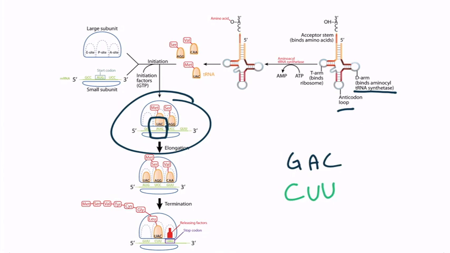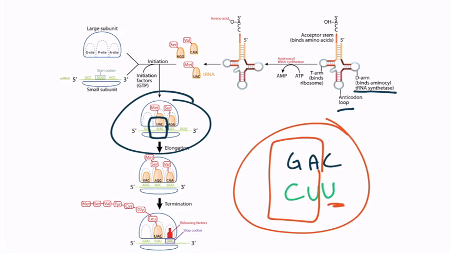In other words, the first two bases of the anticodon pair perfectly with the mRNA, which you can see right here, but the last base, uracil, does not pair perfectly. Normally, the uracil and mRNA should pair with adenine, not cytosine. Despite this, the tRNA molecule would still contain the appropriate amino acid, which would be incorporated into the polypeptide. So again, this process right here is known as wobble pairing.